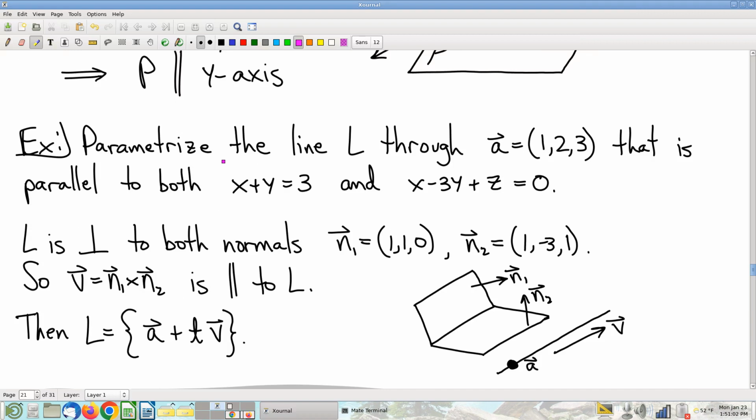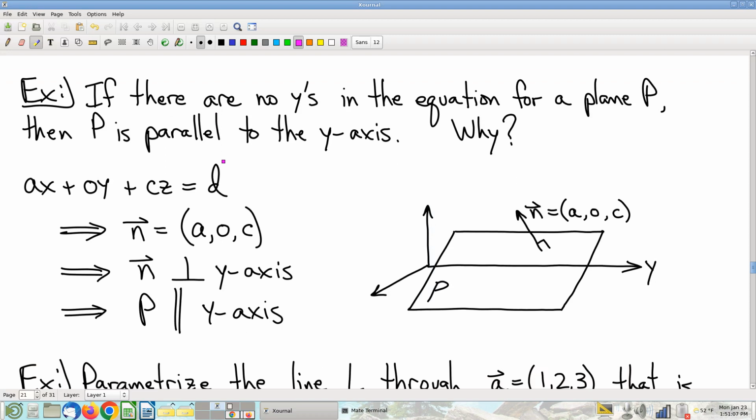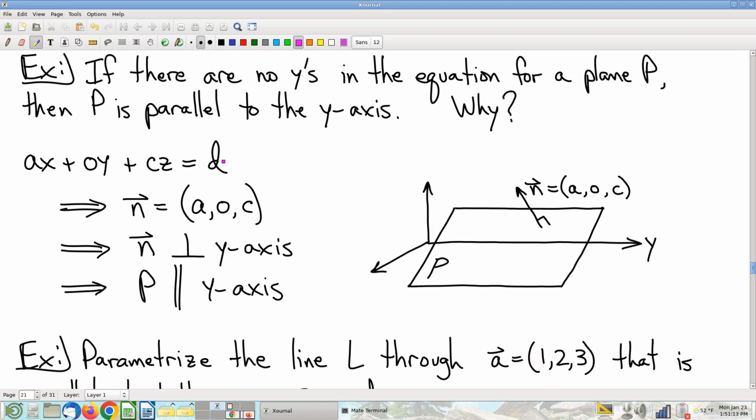Okay, now these last two examples, I used some geometric, what I'm going to call transitivity arguments. And I want to give you all a warning about these transitivities. First of all, what do I mean by a transitivity? This plane, I argued, was perpendicular to this normal vector, and the normal vector, I argued, was perpendicular to the y-axis.